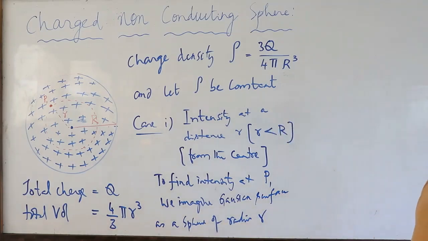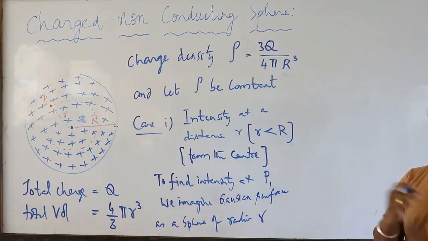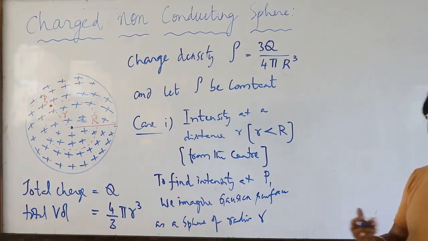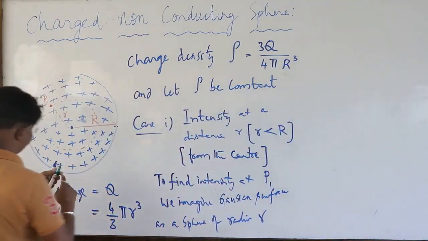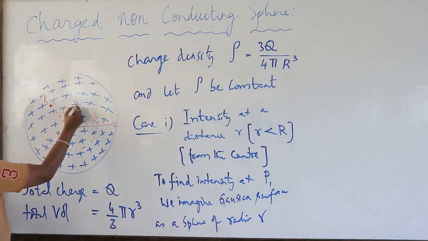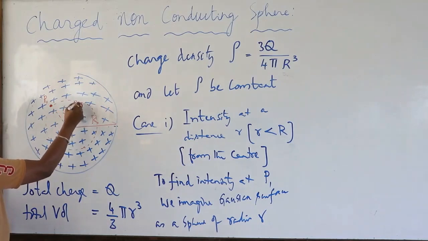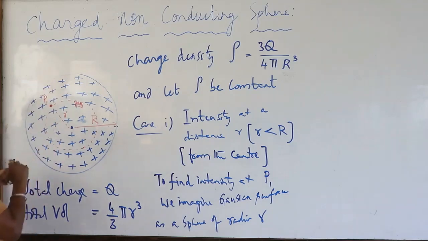Radius small r. And once again the same case, dividing it into elements and considering one element, drawing using Gauss law. Therefore now here, supposing again red color I am taking, this is a small element of the area on the surface of the sphere of radius r.